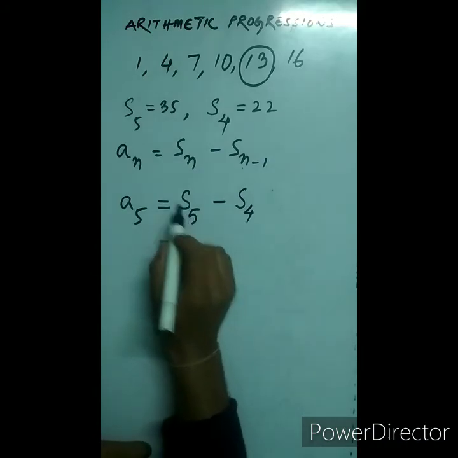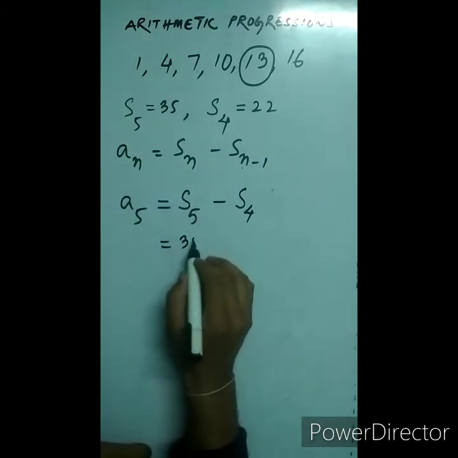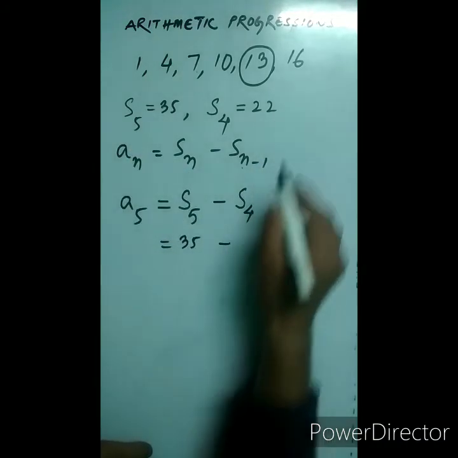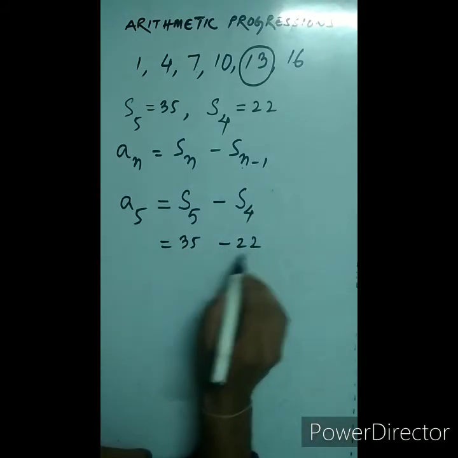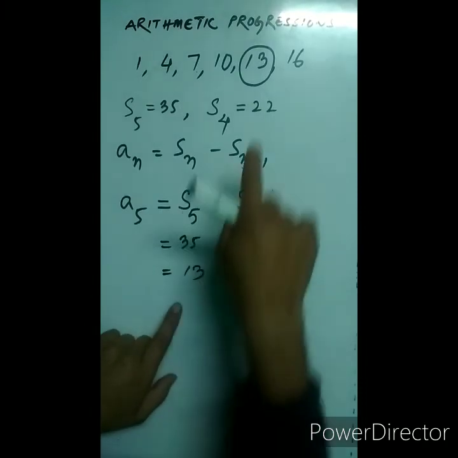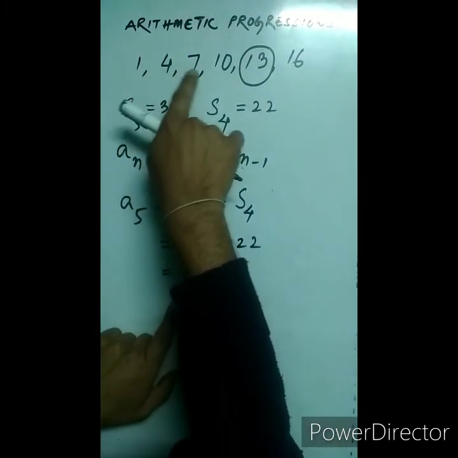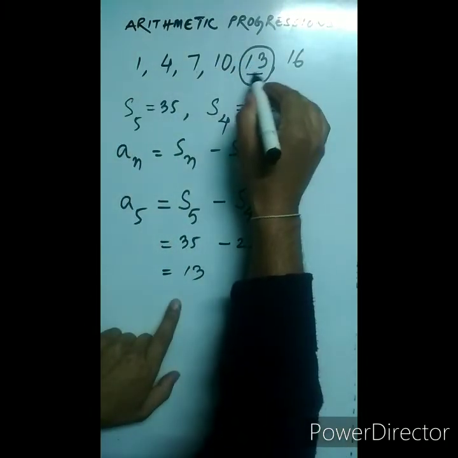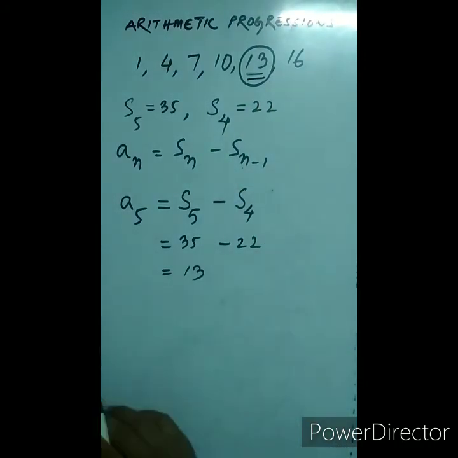So S5, how much we got? 35. S4, how much? 22. So 35 minus 22, we'll get 13. A5 is 13. And here A5 is A1, A2, A3, A4, A5. We get 13. So this is a very useful formula.